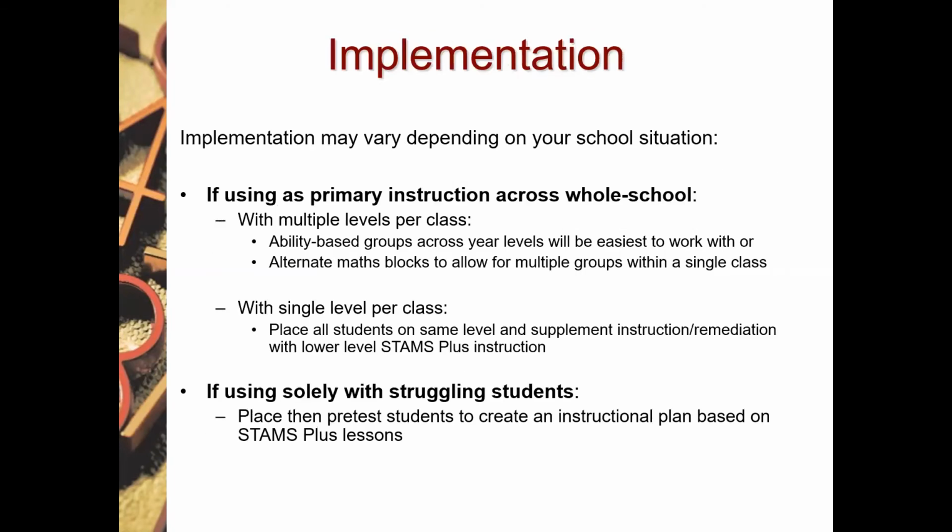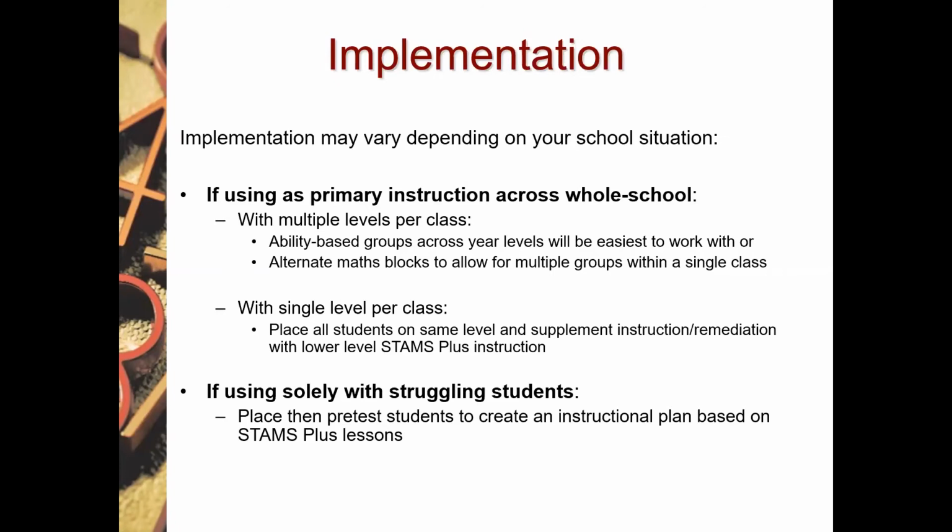For implementation, there are a few different ways you can do this. For using it across the whole school, ability-based groups or year levels will be easier to work with. Basically, once you do the level placing, you may work out that you want to work on one level per class.